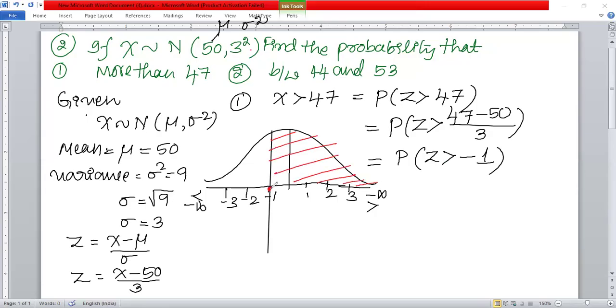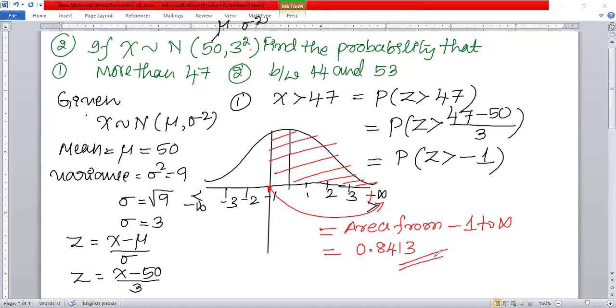Now we are able to find the area from minus 1 to infinity. So for greater than, only for less than comes, you have to do 1 minus table value. So here area from minus 1 to infinity, the table value for minus 1 is 0.8413.